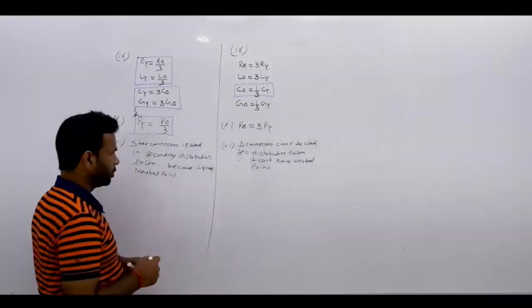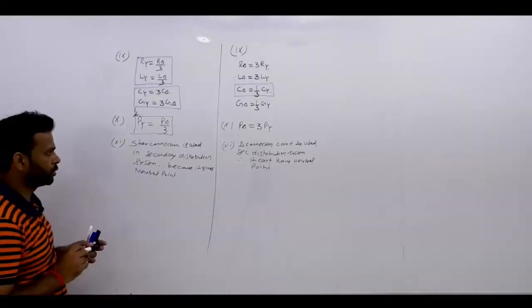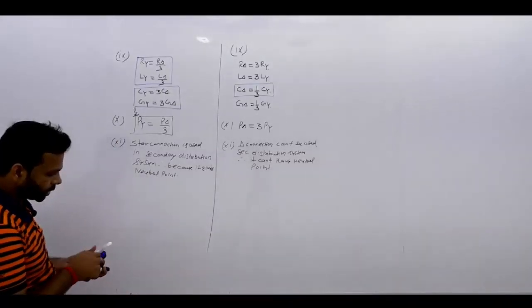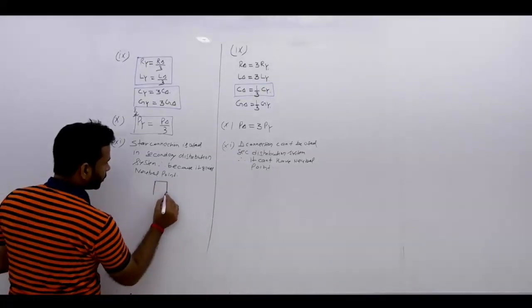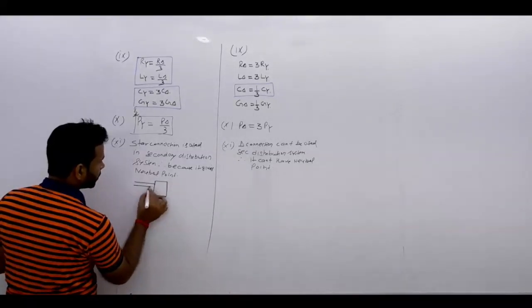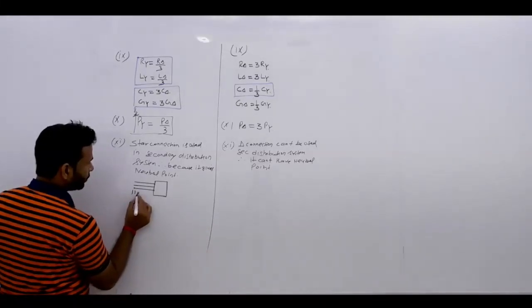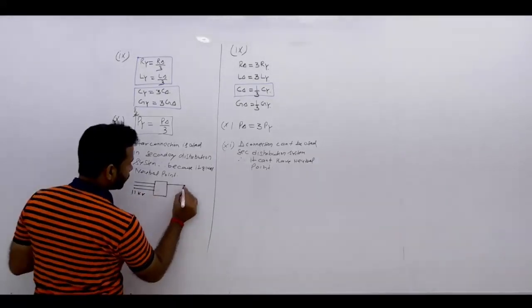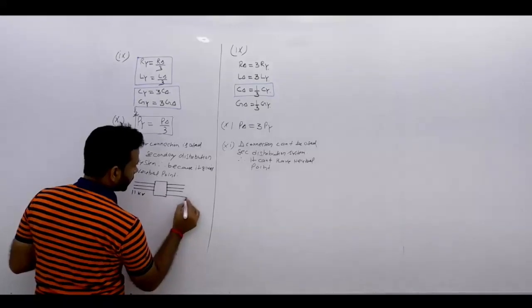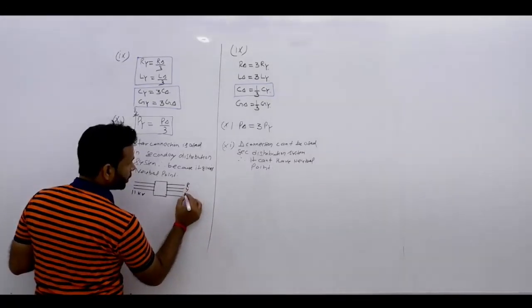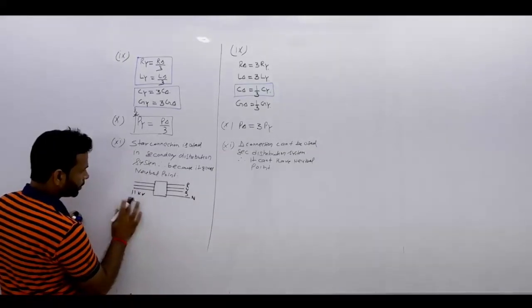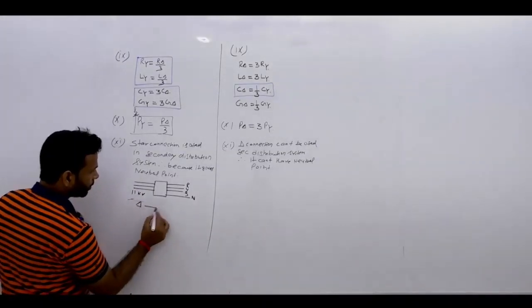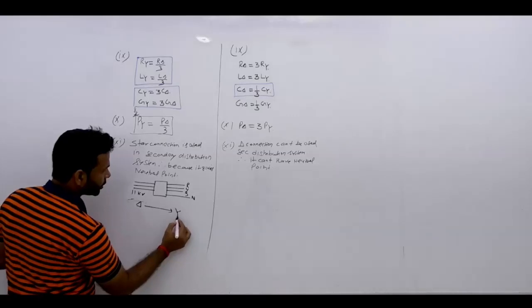Now let's see how the connections of the transformer of the secondary distribution system are. This is your transformer with 3 phase incoming, it is 11 kV, and it is giving you R Y B and neutral. So the primary side is delta, but at the secondary side it is star with neutral.